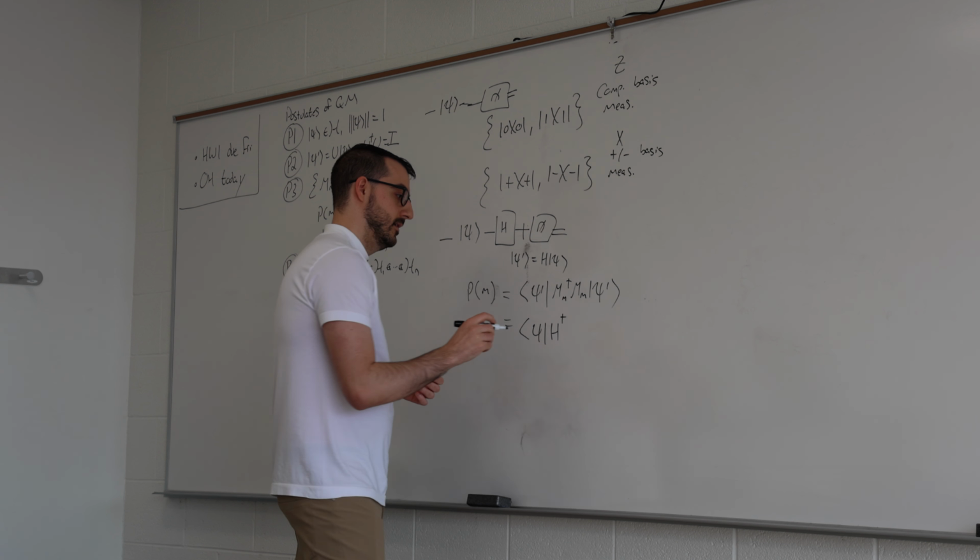So let's consider an example of that. Let's suppose that we're asking ourselves, what is the probability of getting outcome 0 corresponding to the projector onto the 0 state. Well, in this case, I will have from this equation psi, Hadamard, projector onto the 0 state, Hadamard, psi.